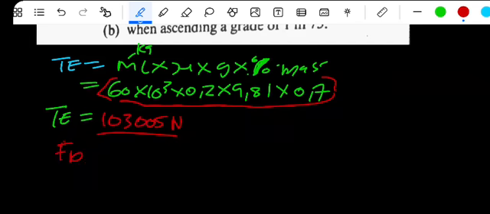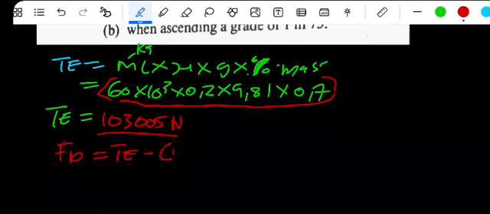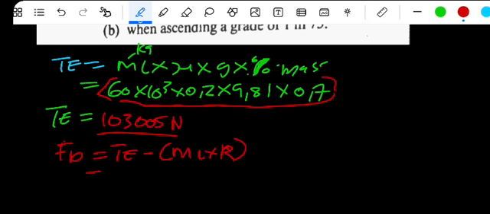FD will be TE minus FR, which is the same as mass of locomotive multiplied by R. So it's the same: mass 60, the rolling resistance 8.